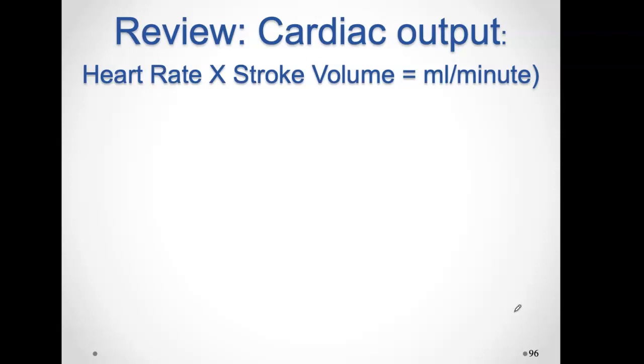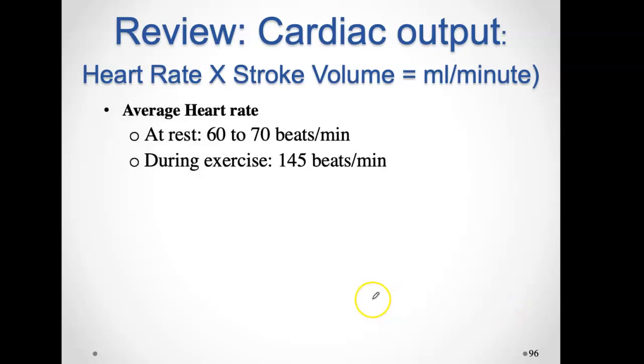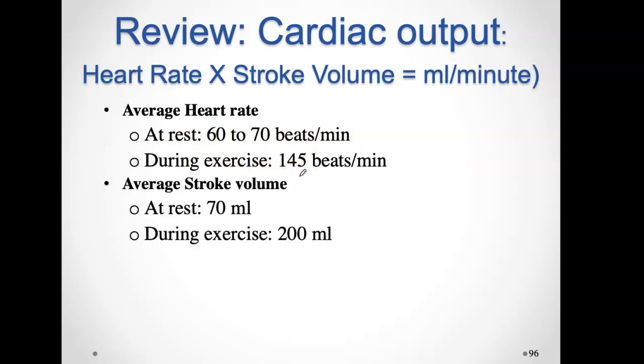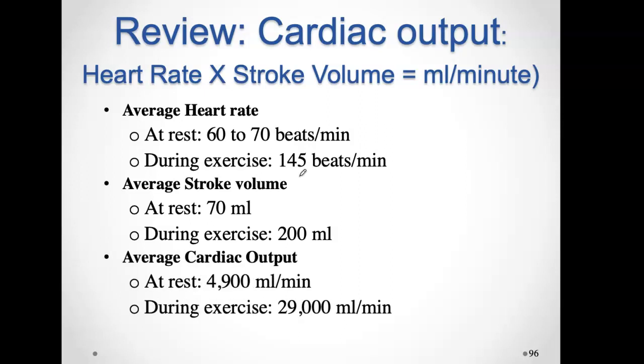Remember cardiac output: heart rate times stroke volume, in milliliters per minute. The average heart rate at rest is 60 to 70 beats per minute. During exercise, about 145. The average stroke volume at rest is about 70. During exercise, way more, about 200.